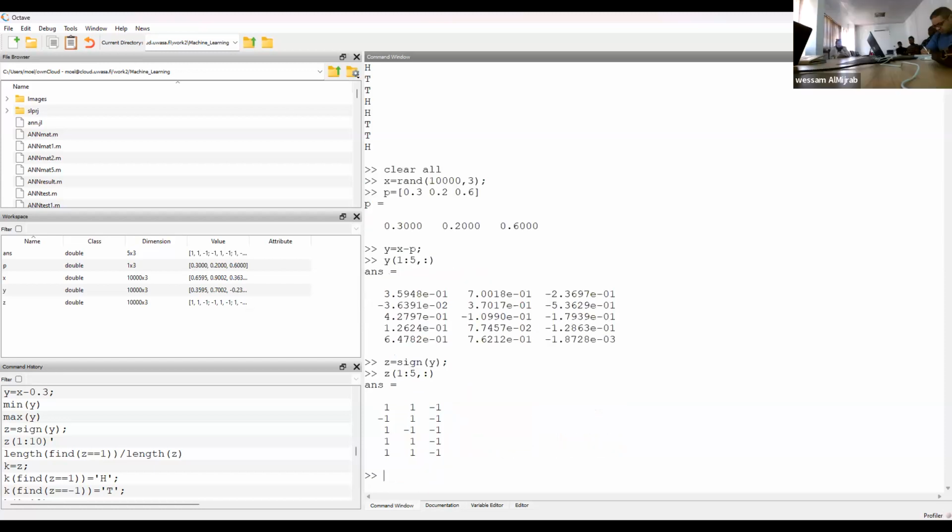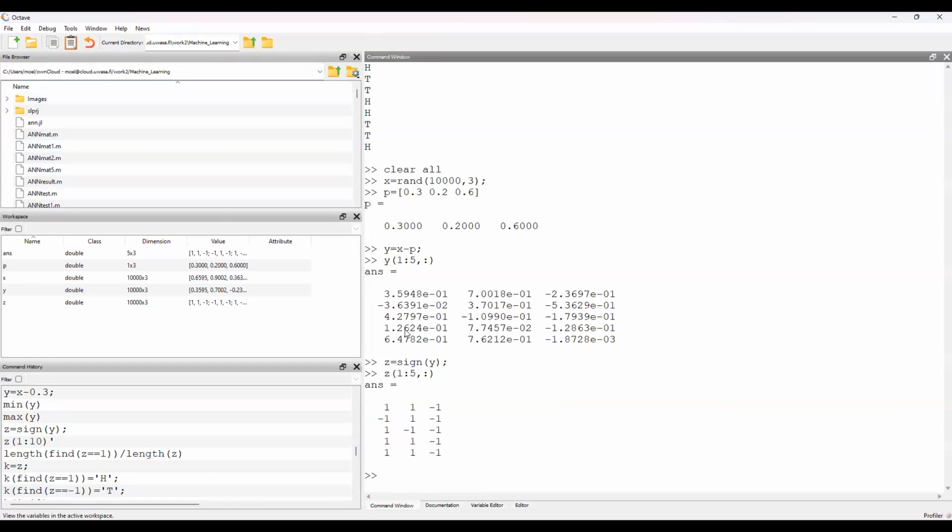So it becomes this. It means that in the first flipping of the 3 coins, you get head, head, tail, tail, head, tail, head, tail, tail, and so on. So this is the experiment that you have done.